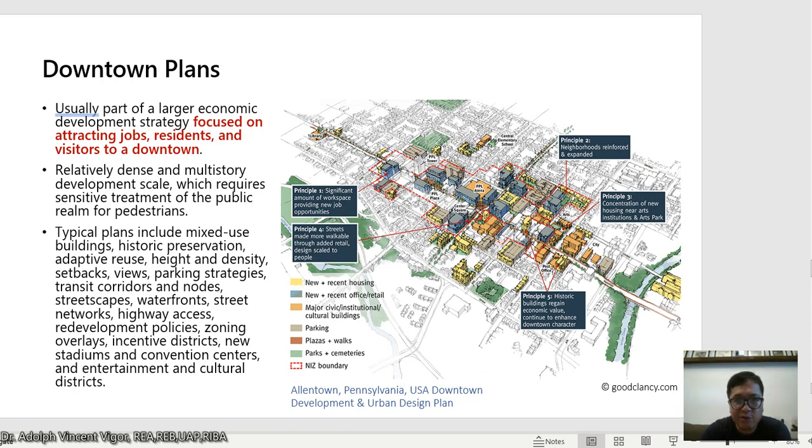So typical plans include mixed-use buildings, historic preservation, adaptive reuse, height and density, setbacks, views, parking strategies, transit corridors and nodes, streetscapes, waterfronts, street networks, highway access, redevelopment policies, zoning overlays, incentive districts, new stadiums and convention centers, and entertainment and cultural districts.